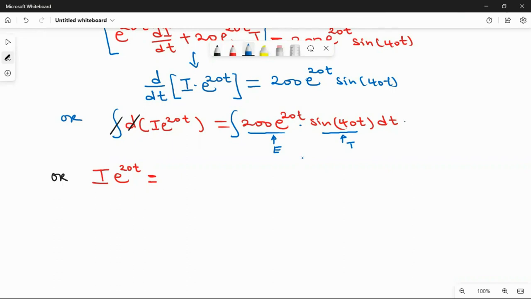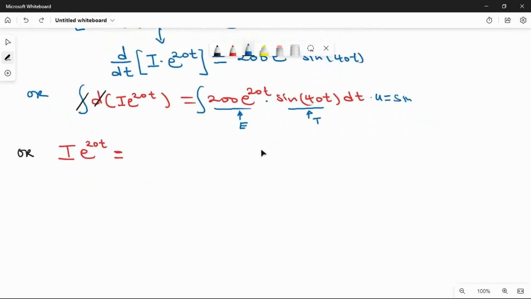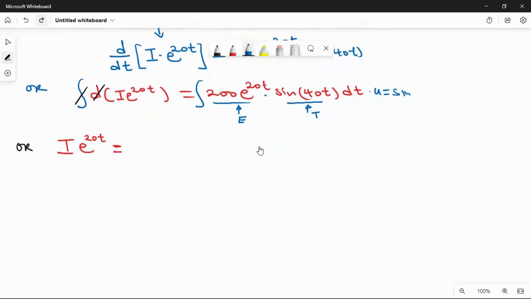Let u be equal to, which one comes first? We are going to use LIATE. We encounter trigonometric before exponential, so let u be equal to sine 40t, and the rest will form dv.